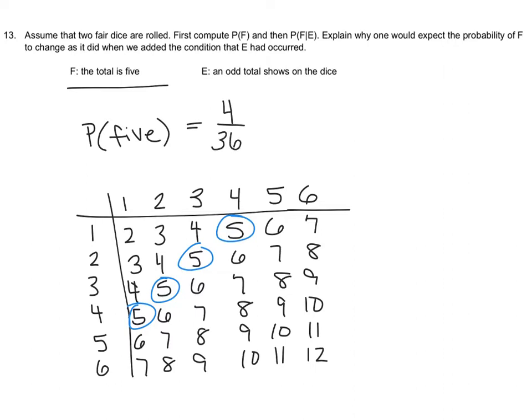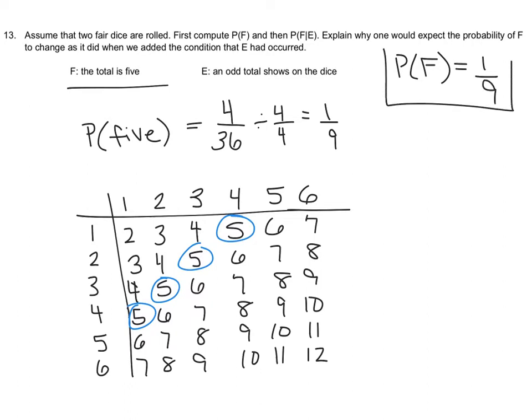Now I want to list this fraction in simplest form. 4 and 36 are both divisible by 4, so when we divide the top and bottom by 4, I get 1/9. So my probability of F is 1/9. That's my first answer to this problem.